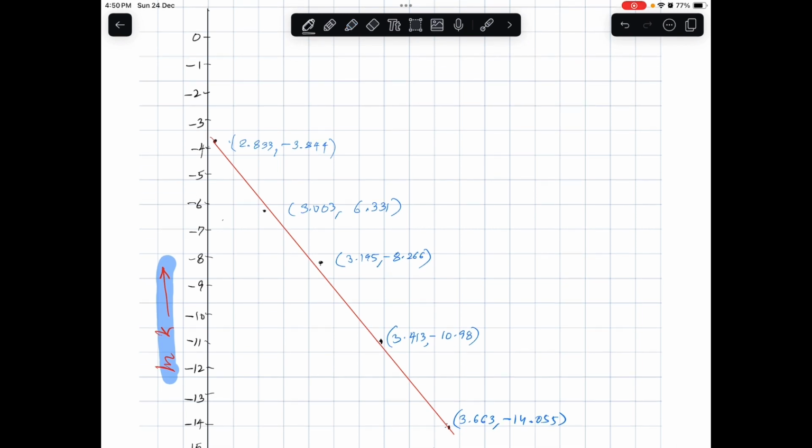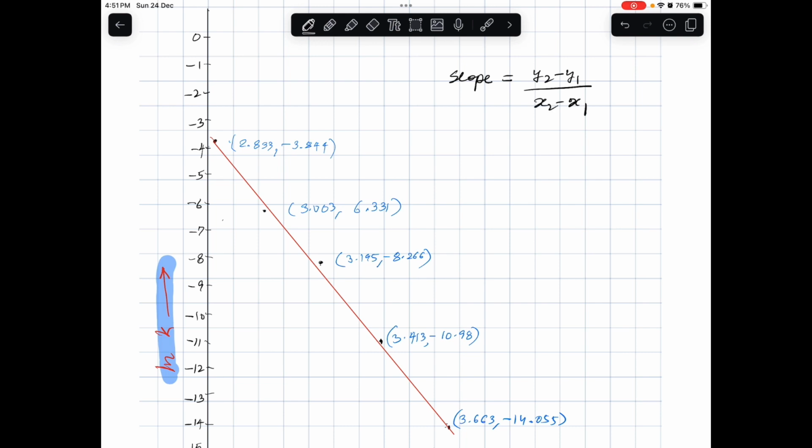Okay, and the slope of any straight line plot can be given as y2 minus y1, that is the final observation on the y-axis minus the initial observation on the y-axis, divided by x2 minus x1.